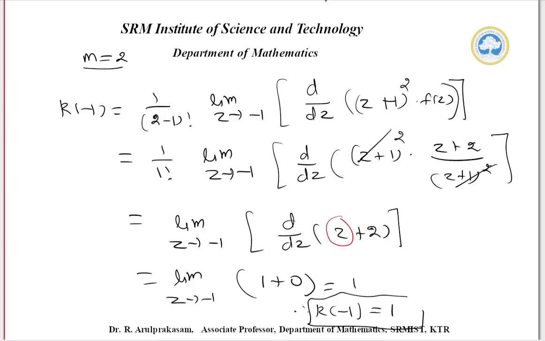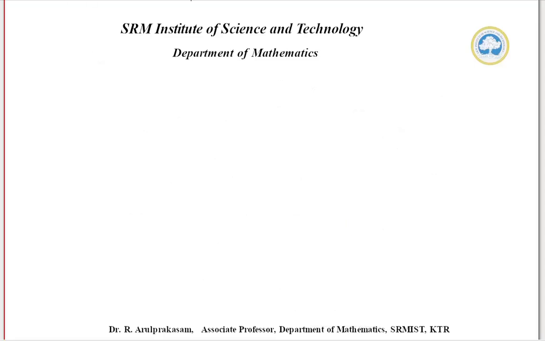Any doubt? Okay, now I'll move on to one more problem: how to find the residue value where both cases are applicable. So this is the third problem, I think fourth problem, right?